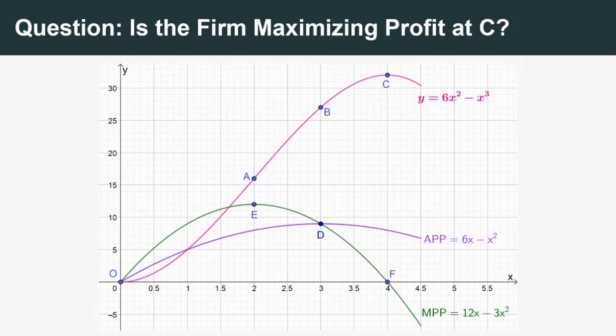If I ask you a question like this, the answer is probably no. And the answer is, it depends, right? It depends on the input price and the output price, and that is actually the objective of today's lecture: to find out under what condition the profit will be maximized.